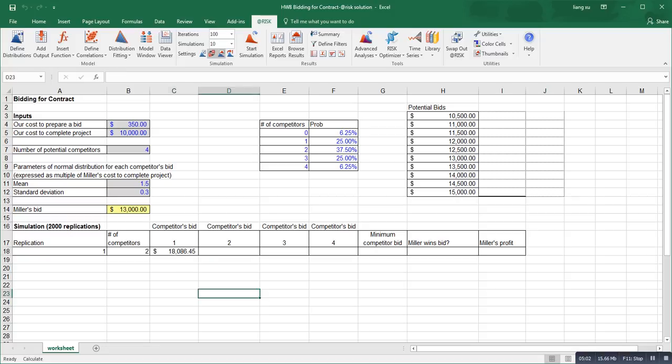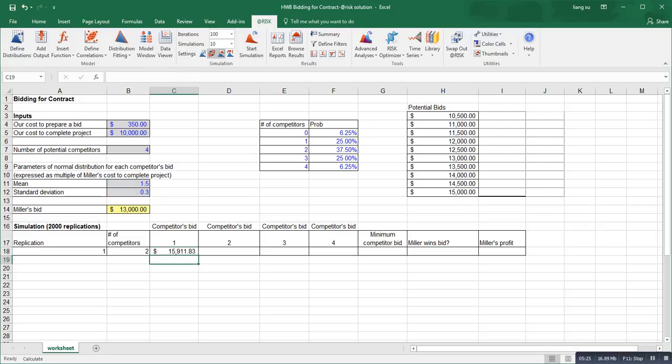The competitors would bid the cost for Miller's Construction to finish the project multiplied by a normally distributed multiplier. Let's first lock these few cells, so when we copy these cells, it doesn't change.